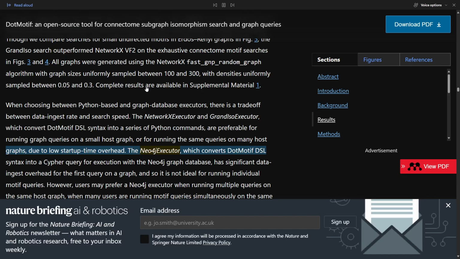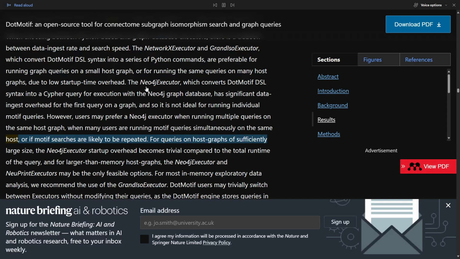The Neo4j executor, which converts DotMotif DSL syntax into a Cypher query for execution with the Neo4j graph database, has significant data ingest overhead for the first query on a graph, and so it is not ideal for running individual motif queries. However, users may prefer a Neo4j executor when running multiple queries on the same host graph, when many users are running motif queries simultaneously on the same host, or if motif searches are likely to be repeated.